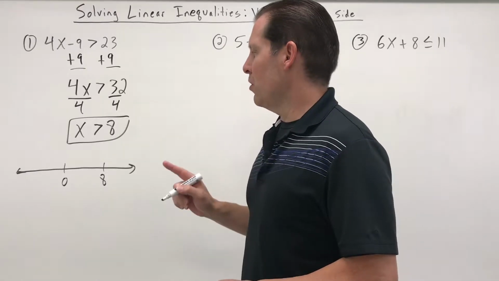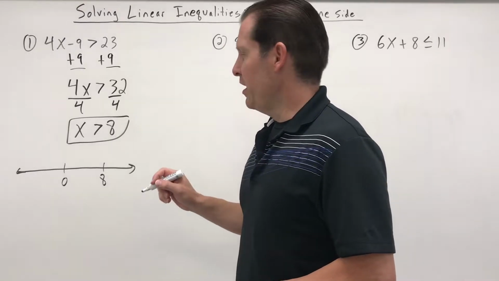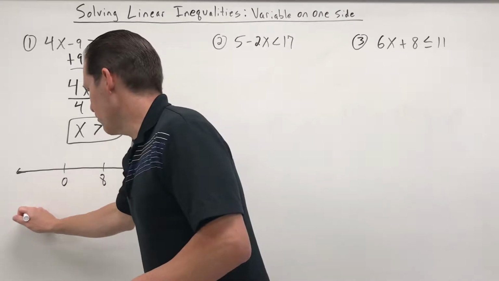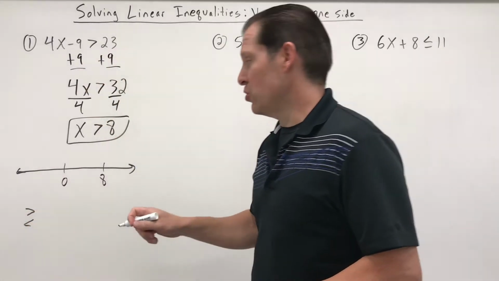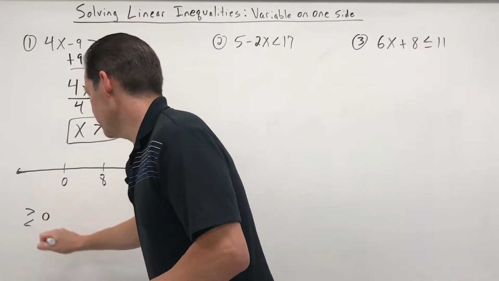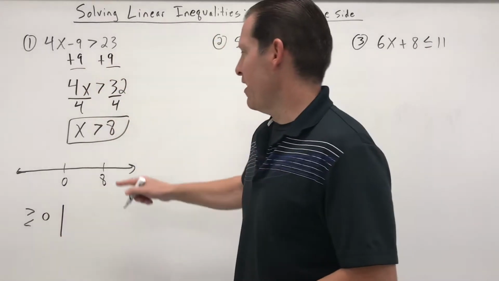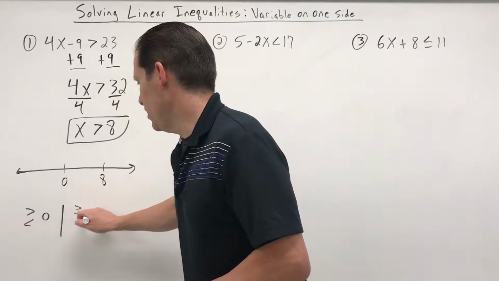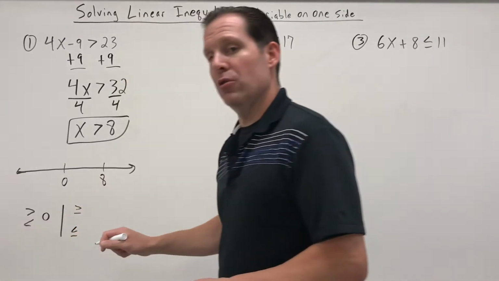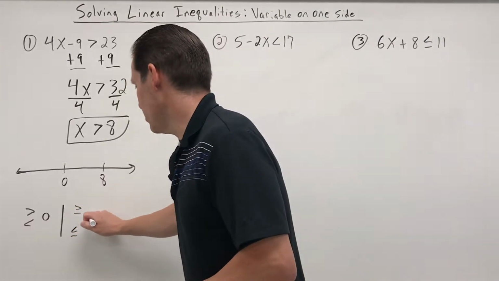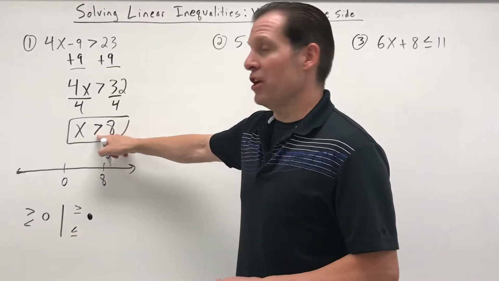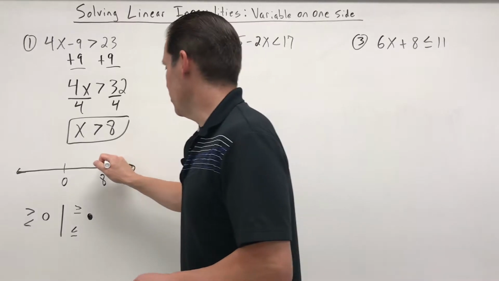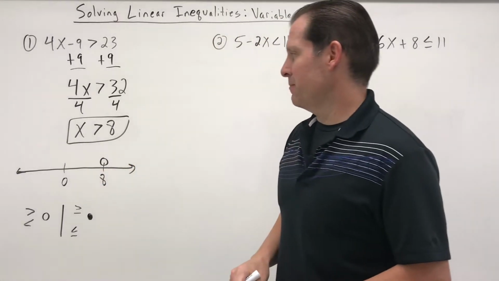So if you recall with these symbols, if you have a greater than or a less than, you're going to have an open circle, just an open circle. And if you have a greater than or equal to or a less than or equal to, it's going to be a closed circle on the number. So since I have just a greater than, it's going to be an open circle on the 8.